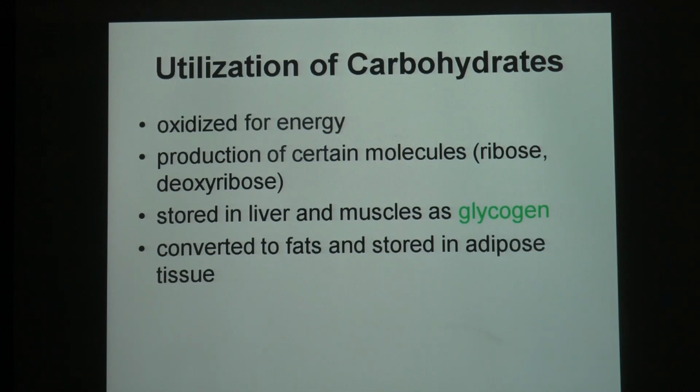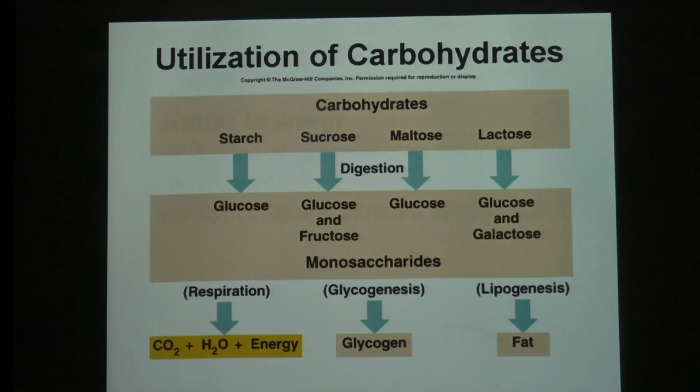Glucagon will cause that process of glycogenolysis to take place. Okay, over a long period of time, if you are not burning out that glycogen as stored fuel sources, it will be converted to a fat, and it will be stored in the adipose tissue. This is what causes those adipose tissues to expand over time.